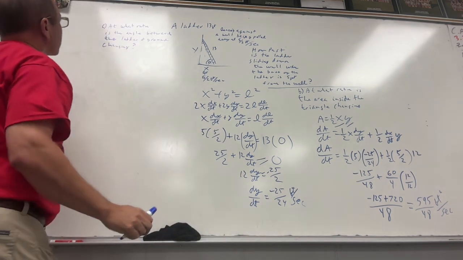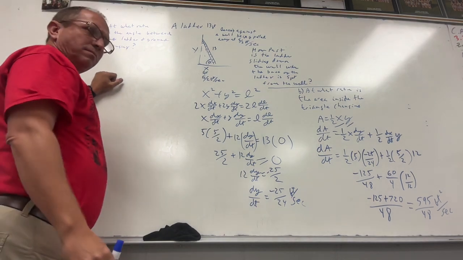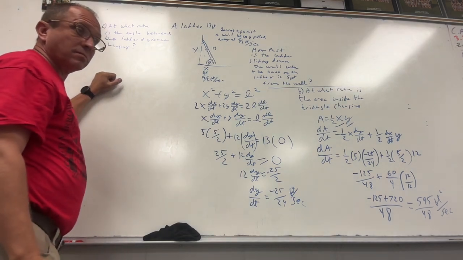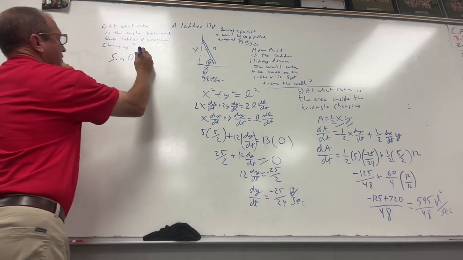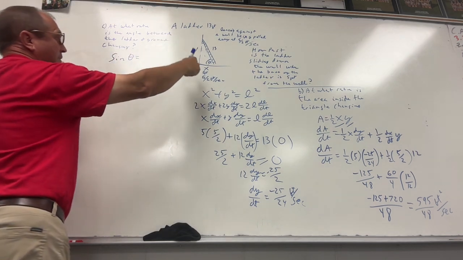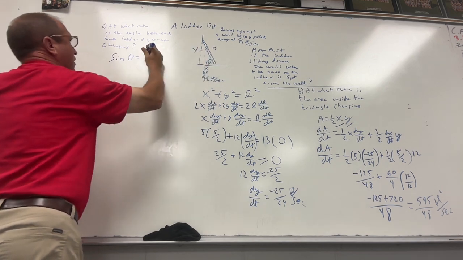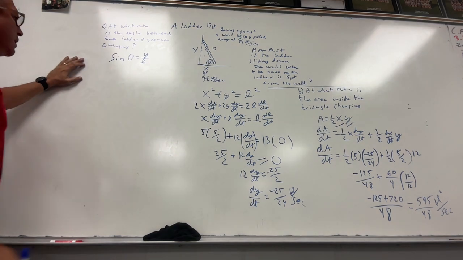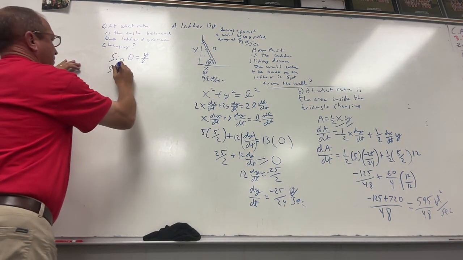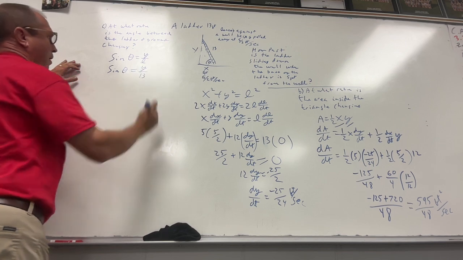Now, sine or cosine, which one? Sine, okay. So I'm going to say that the sine of theta is equal to, and I'm going to list it as it is in this problem, y over L. But again, what did we say that L was? 13, and it's 13 constantly throughout the problem.